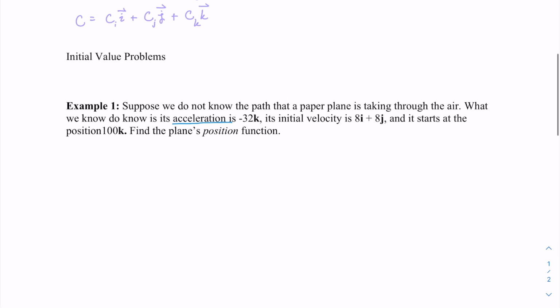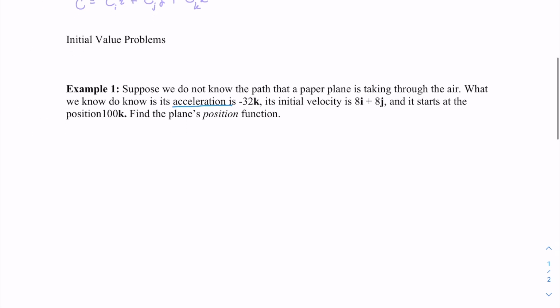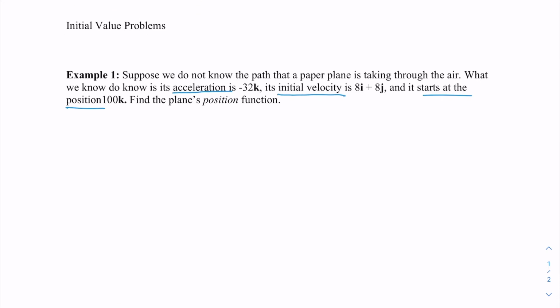Its initial velocity, so this is part of our initial conditions, is 8i plus 8j, and its initial position is 100k. We're trying to find the plane's position function.